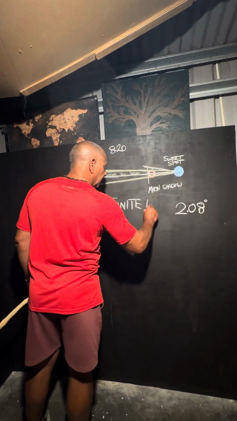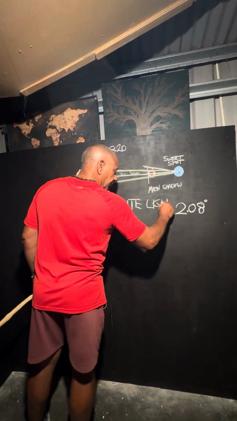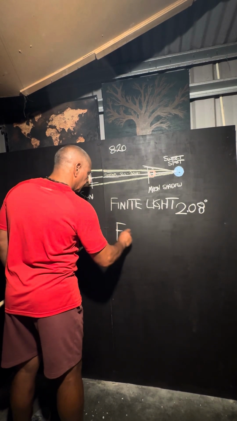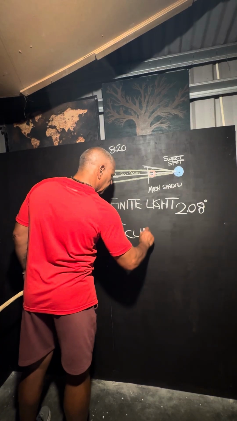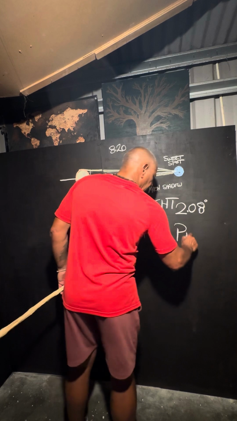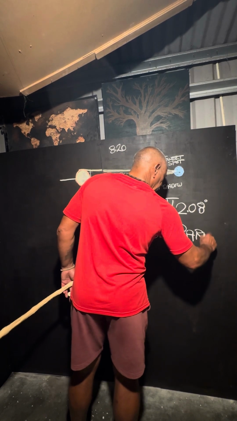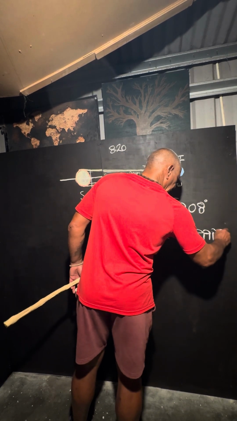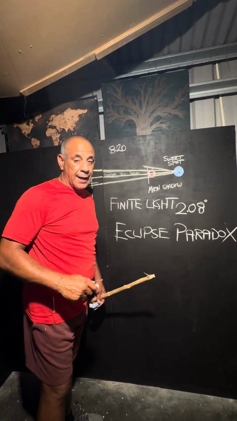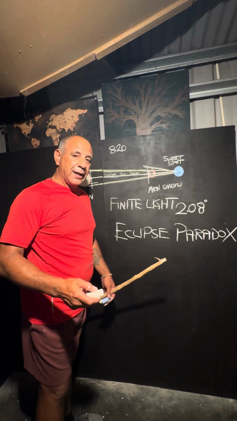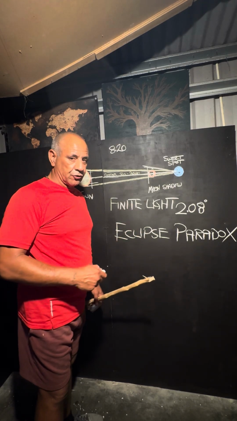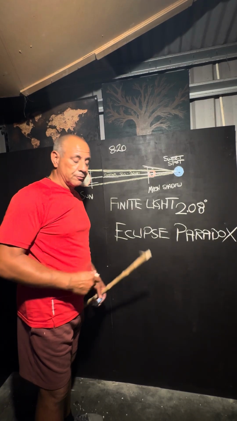Finite light, I give you the eclipse paradox. It cannot happen. So take that to your educators and tell them that a solar eclipse with finite light cannot happen, okay? I cannot say it any clearer than that. Boom. It is obvious. There is no out.